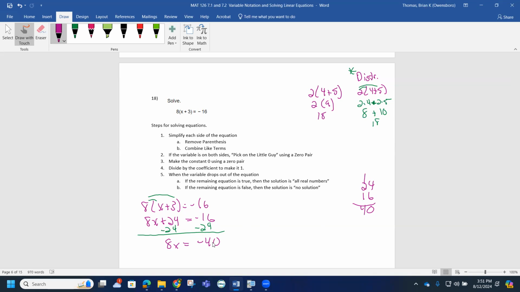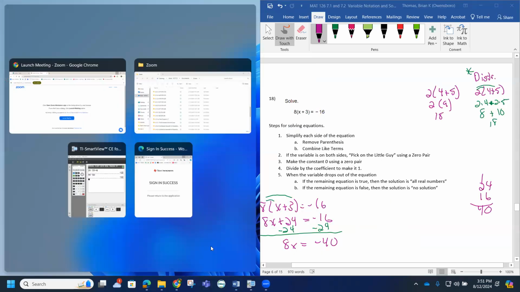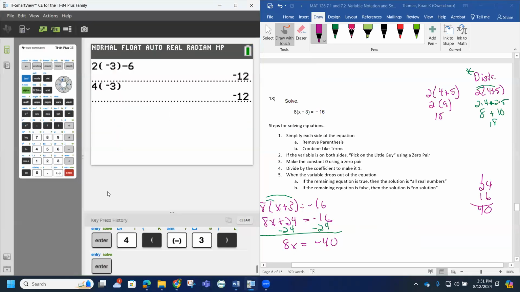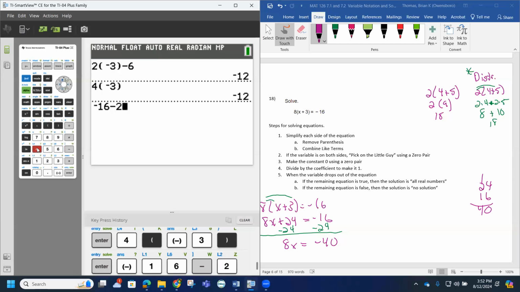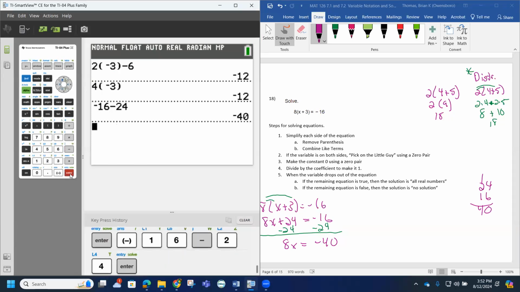Now, if I was going to use the calculator on this problem, you can type this in as negative 16 minus 24. That gives you negative 40. You can also write this as negative 16 plus a negative 24. So either way would be correct.